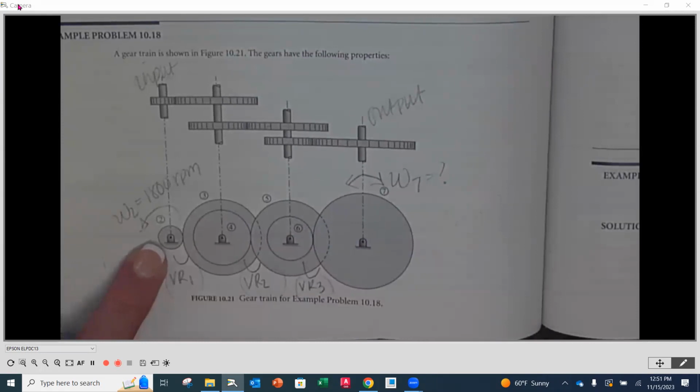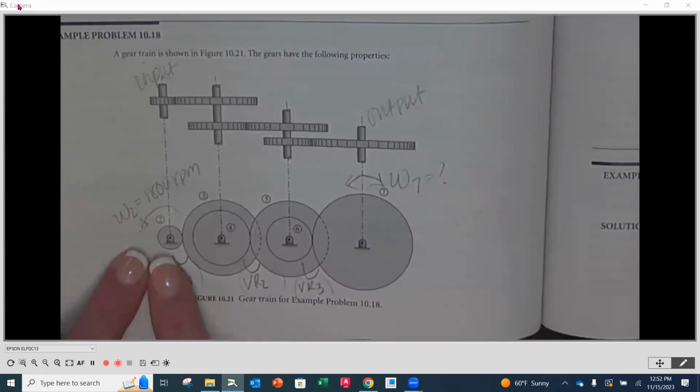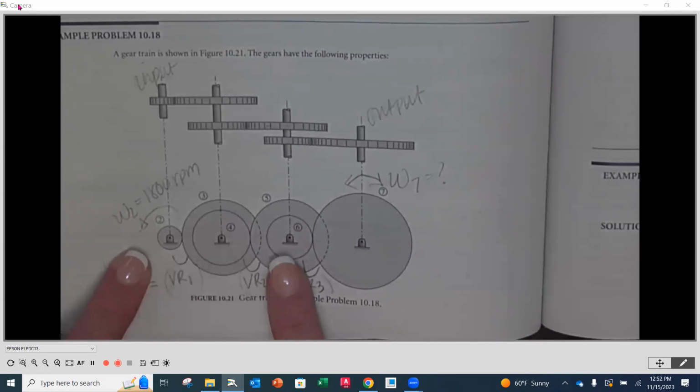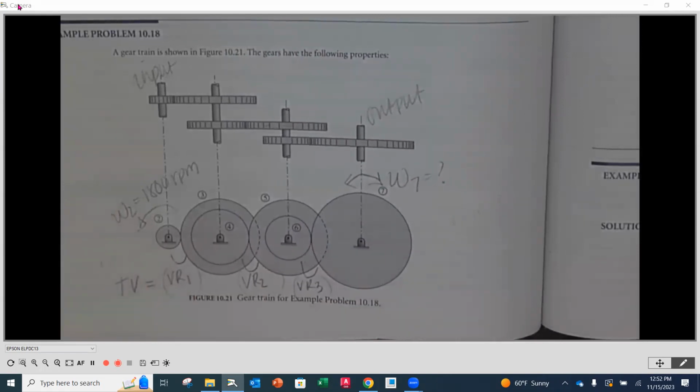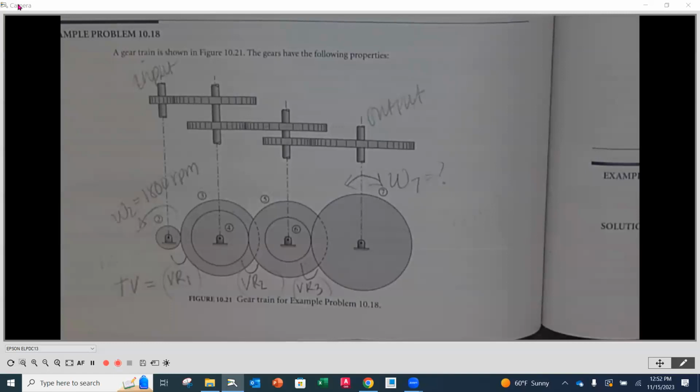So I might as well plan ahead and do the pitch diameters for each one of these, so then I can just add up the radiuses to get the center distance from 2 to 7. If the problem wasn't requiring the center distance from 2 to 7, then I wouldn't have to worry about which one I would calculate. I could just figure it out. Does that make sense? All right.